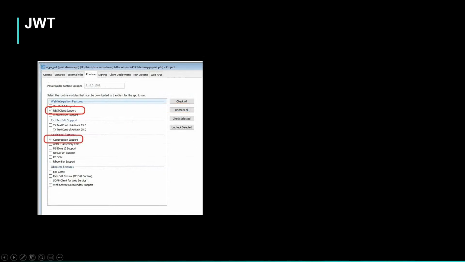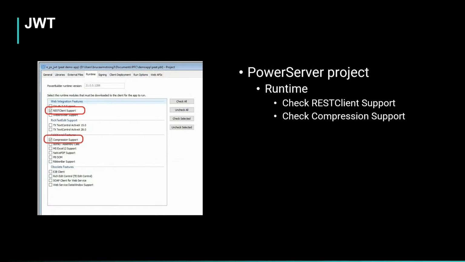And if you're going to use the JSON Web Token approach, you're going to need a couple of things here in the runtime libraries. You'll need to check these. If you're not using them for some other purpose, you're still going to need them to do the JSON Web Token calls. One is the REST client, and the other one is compression.